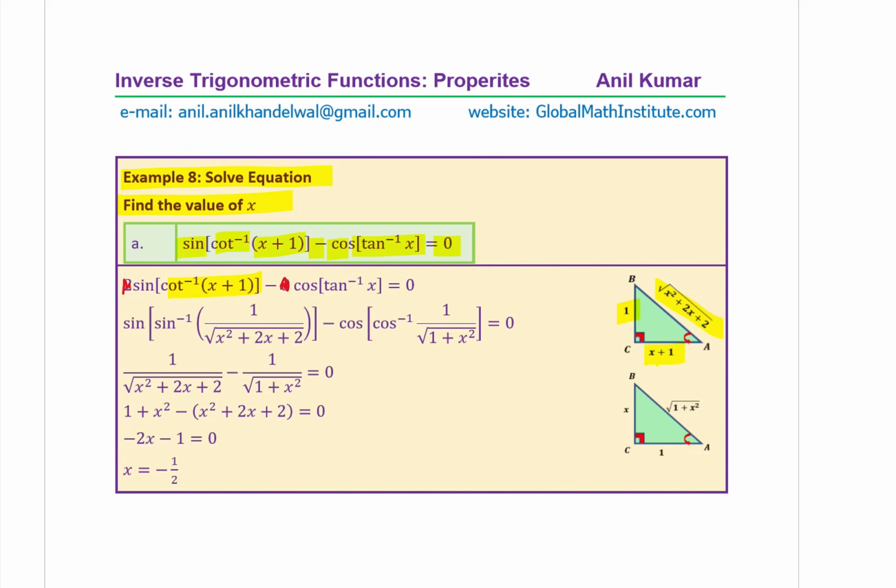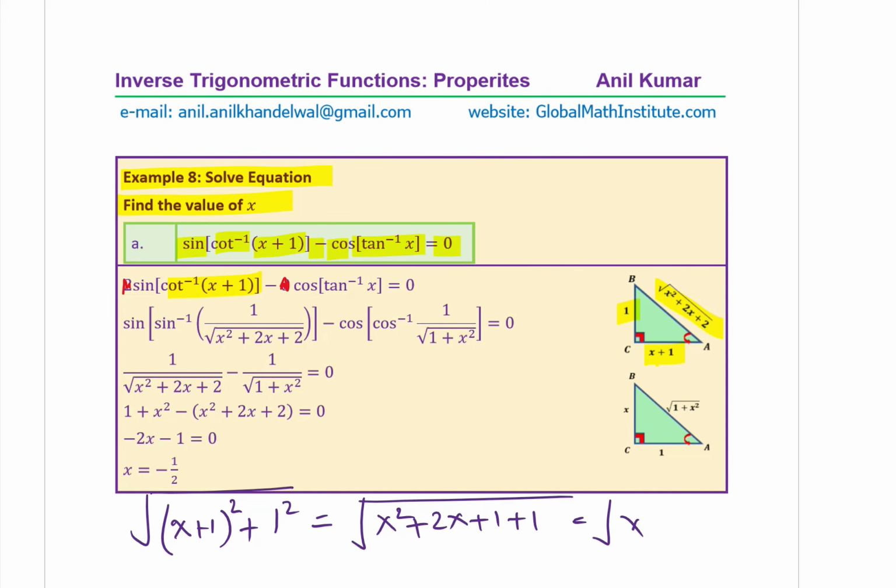So when I do a square, what do I get? Let's work this out, right? So we have x plus 1 whole square plus 1, which is a square you can write. And that gives you x square plus 2x plus 1 plus 1, and that clearly is x square plus 2x plus 2, correct?